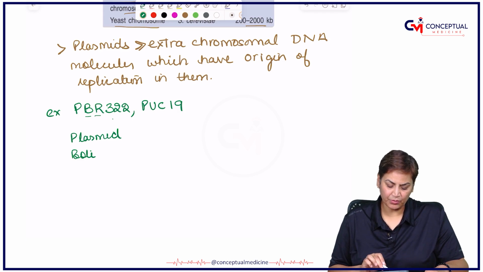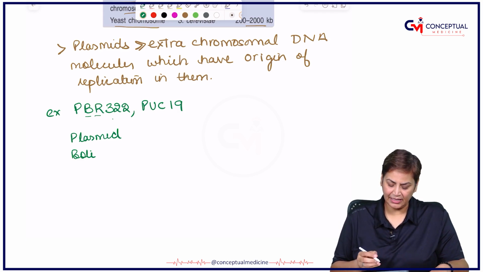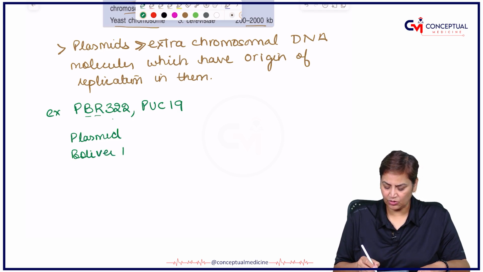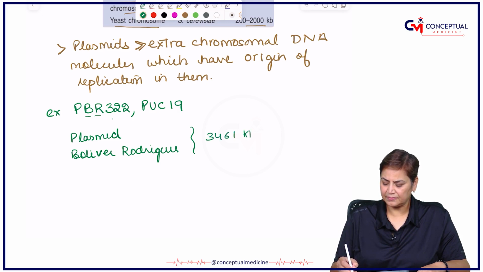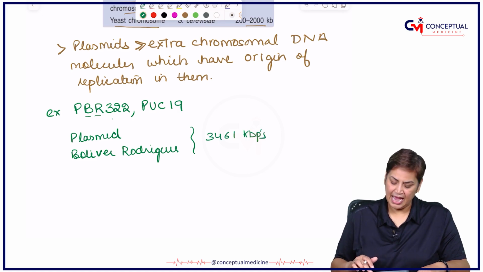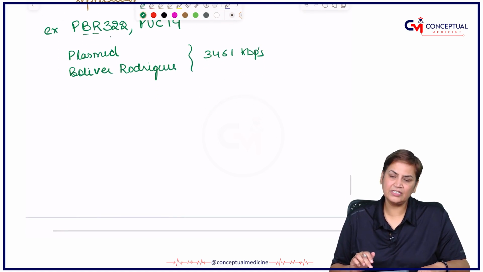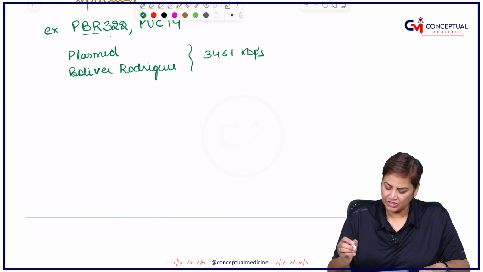PBR, P stands for plasmid, BR stands for the discoverers Bolivar and Rodrigues. They were the two scientists who discovered it, and this plasmid has roughly 4,367 base pairs. What is the characteristic feature of this plasmid? I'll show you the picture.